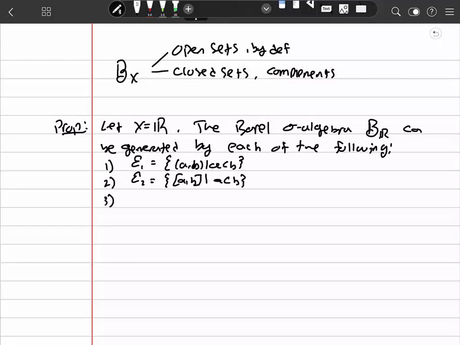The third generating set that we can take are half open intervals. So this is going to be E3, which is going to be (a,b]. I'm going to stop writing a less than b because it's obvious. E4, which is going to be equal to the open on the left, closed on the right.